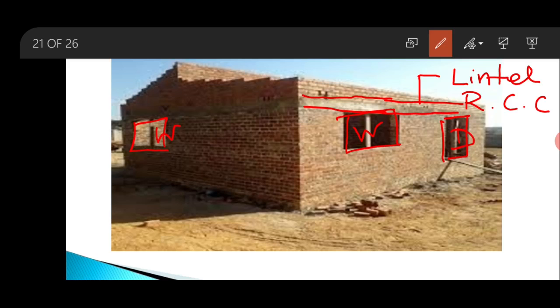So from the total volume, or gross volume, we have to deduct these portions: the door opening, window opening, shelf opening, and also the lintel over the door, window and shelf. After deduction of these portions from the gross volume, we will get our net or final volume of the brickwork in superstructure. Now we will move to our given drawing.